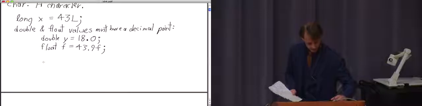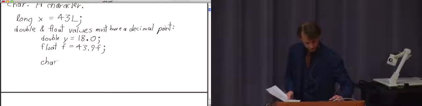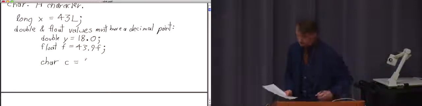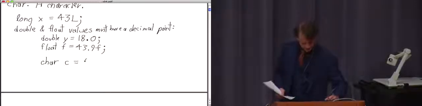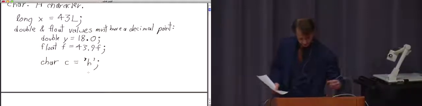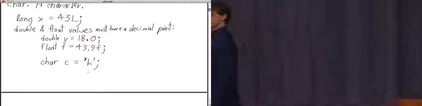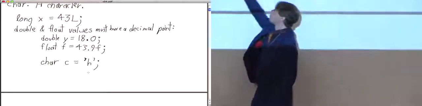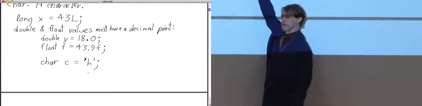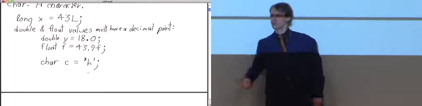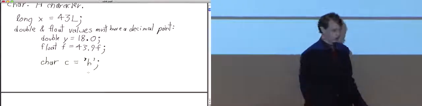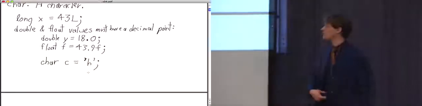But the way you do a character is by putting it in single quotes. And by the way, this is always actually the right quote or apostrophe that's used here. And so essentially when you use char, you're more or less restricted to using values like this, which are basically one character inside quotes. There are other ways to specify characters as well.